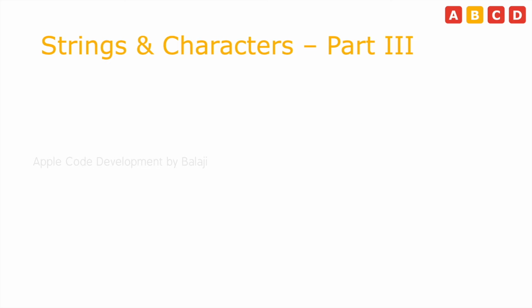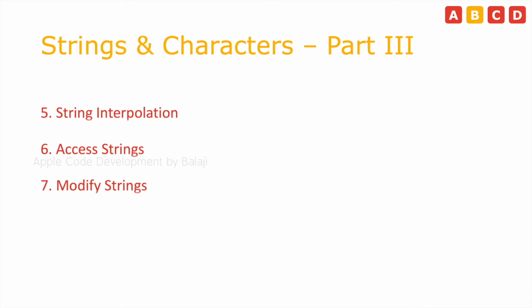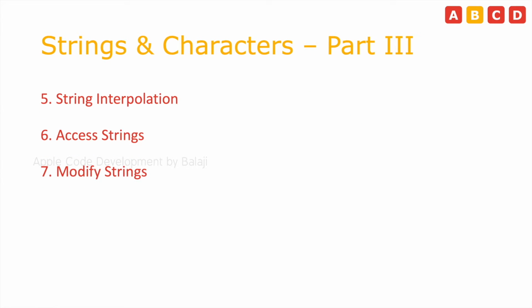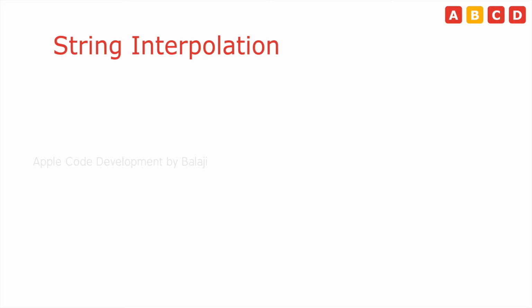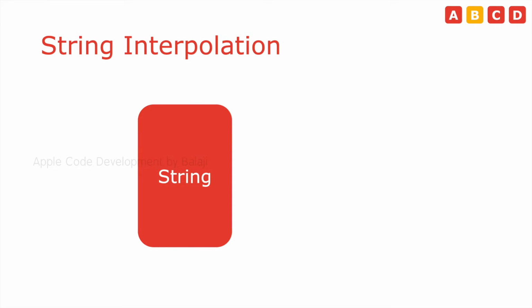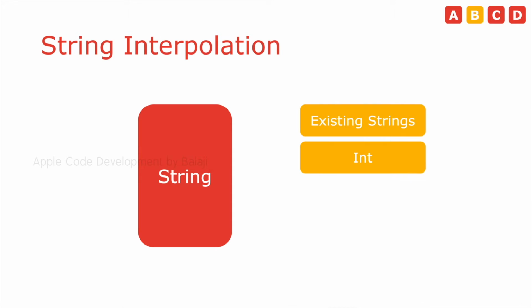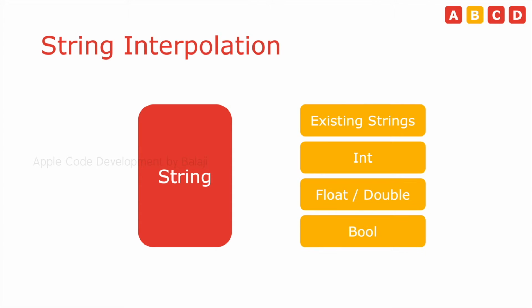In this video, we will cover the below listed string basics. In the continuation of part 2, the fifth topic is string interpolation. It is a way to construct a new string from multiple existing strings and other data types like integer, float, double, bool, etc. The sixth topic is access strings.